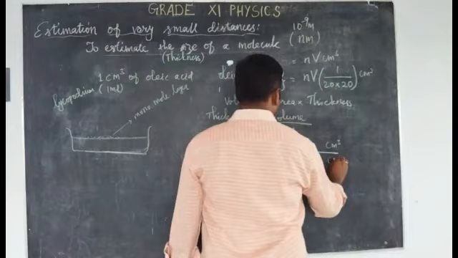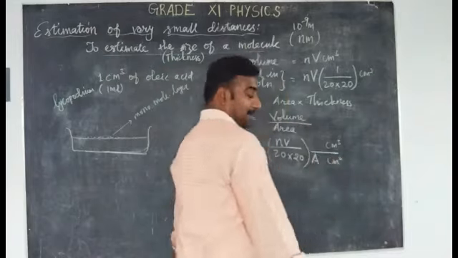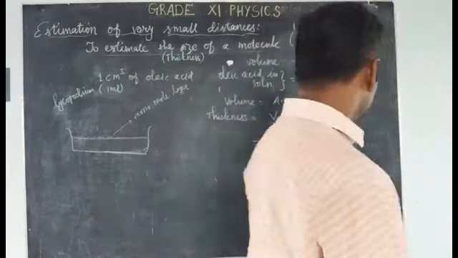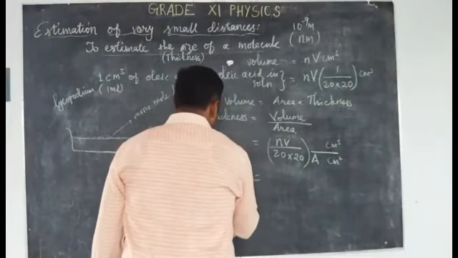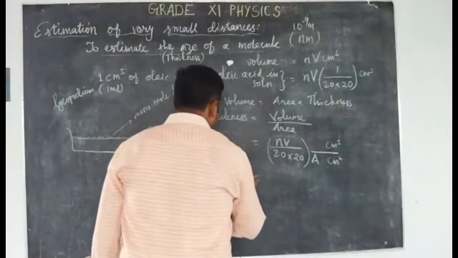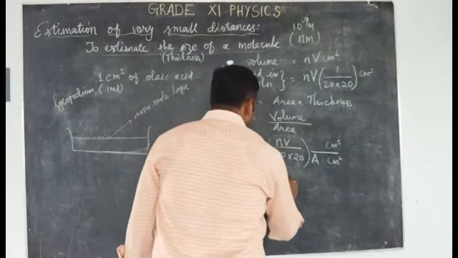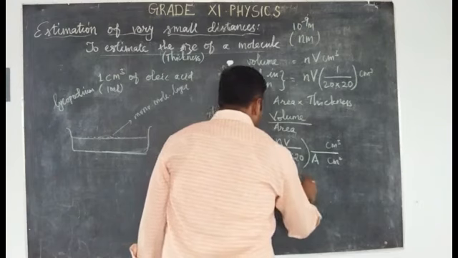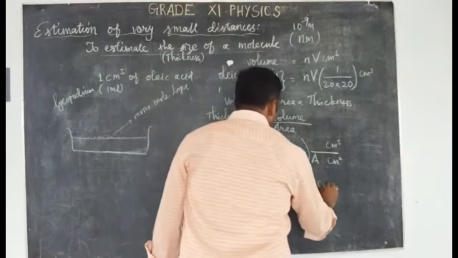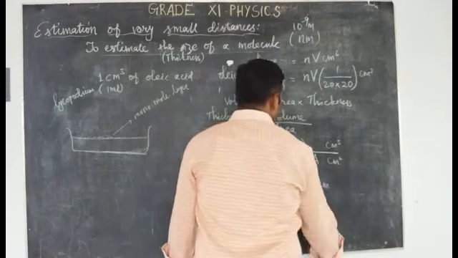Area, what is the unit? It is centimeter square. So after the simplifications, the centimeter square and centimeter cube cancel away. Therefore, the thickness of the thin film is NV divided by 20 into 20 into 1 by area.